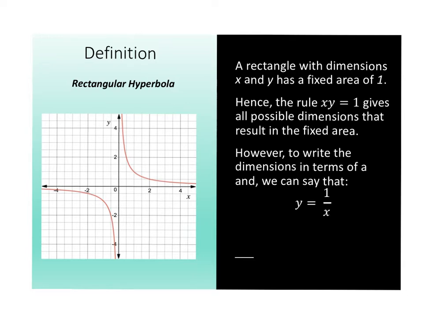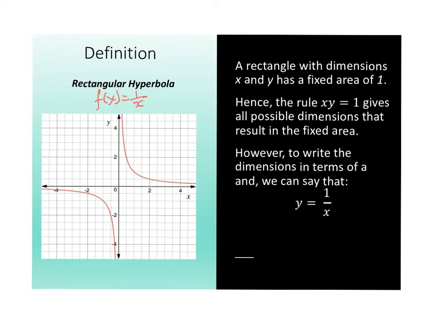So xy equals 1 gives all possible dimensions that result in a fixed area. To write the dimension in terms of an equation or function, we state that y equals 1 over x, or f of x equals 1 over x.